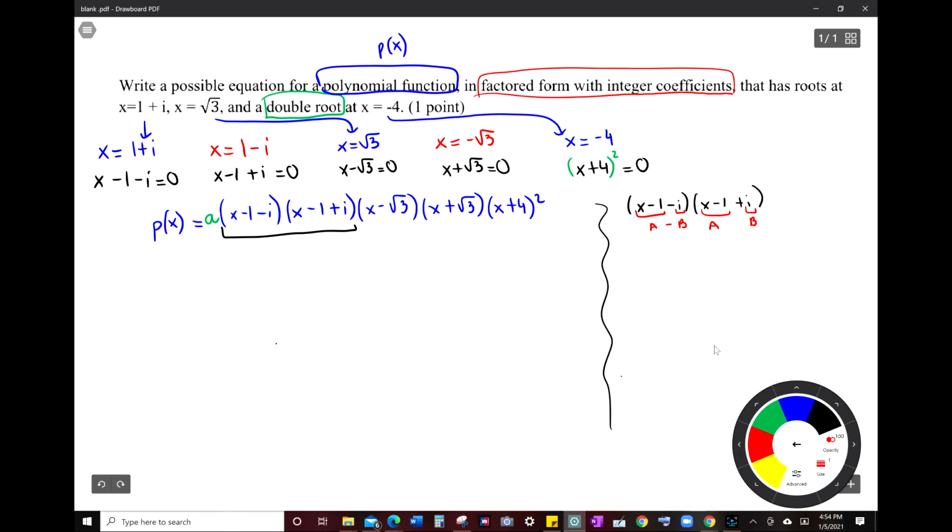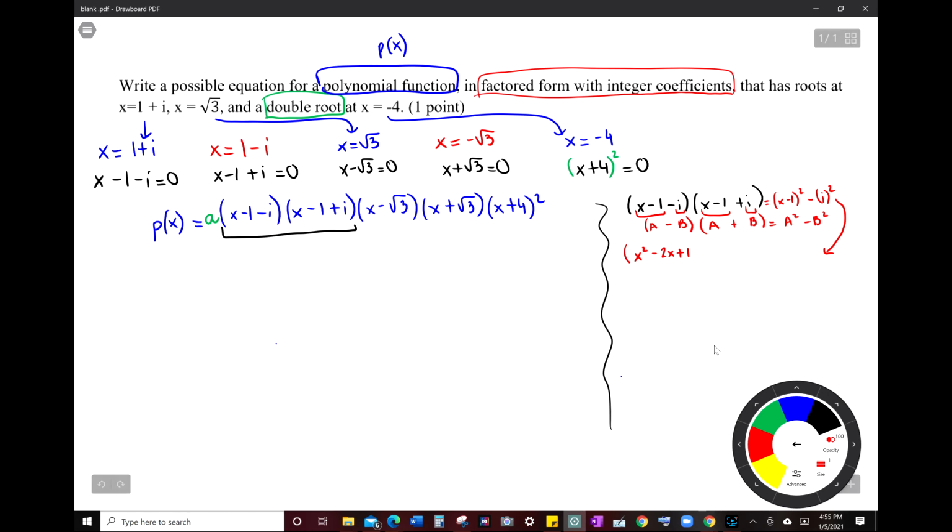So now we have A minus B times A plus B, and it gives you A squared minus B squared. Using that formula, we will have x minus 1 squared minus i squared. And if you remember, i squared is negative 1, then we can do the next step. So from here, x minus 1 squared, if you multiply it out, you should get x squared minus 2x plus 1.